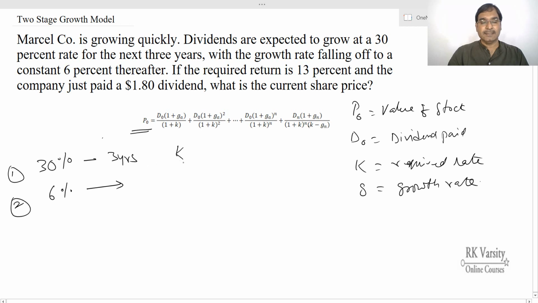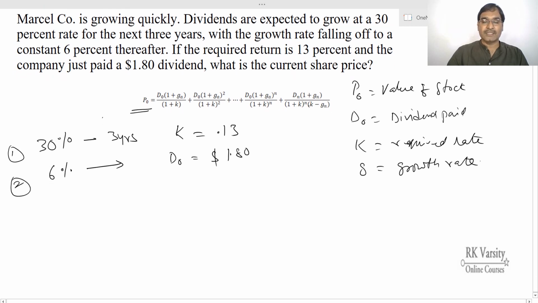Then K, the required rate, is 13%, that is 0.13, whereas the dividend that was paid just now is $1.80. By substituting these values in the equation, we will get the value of the stock. First, the dividend just paid is $1.8 times 1.30, the first growth rate.